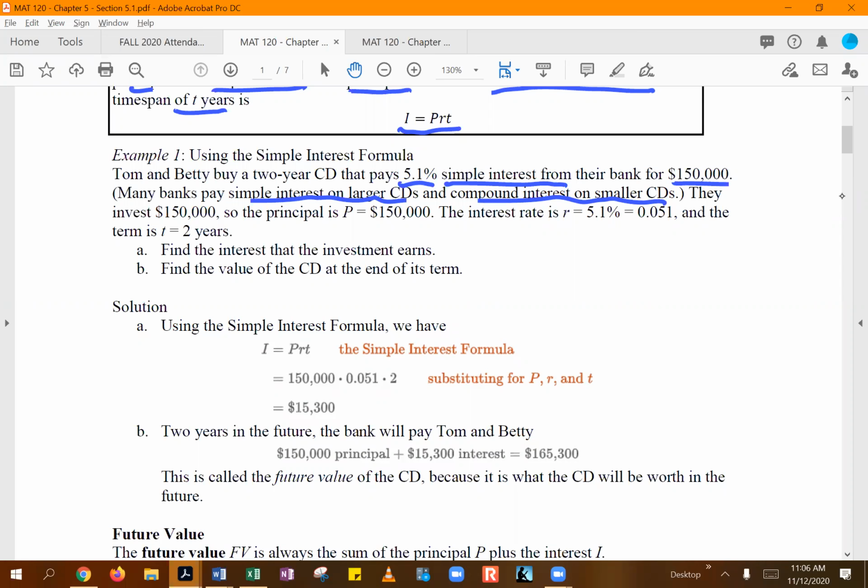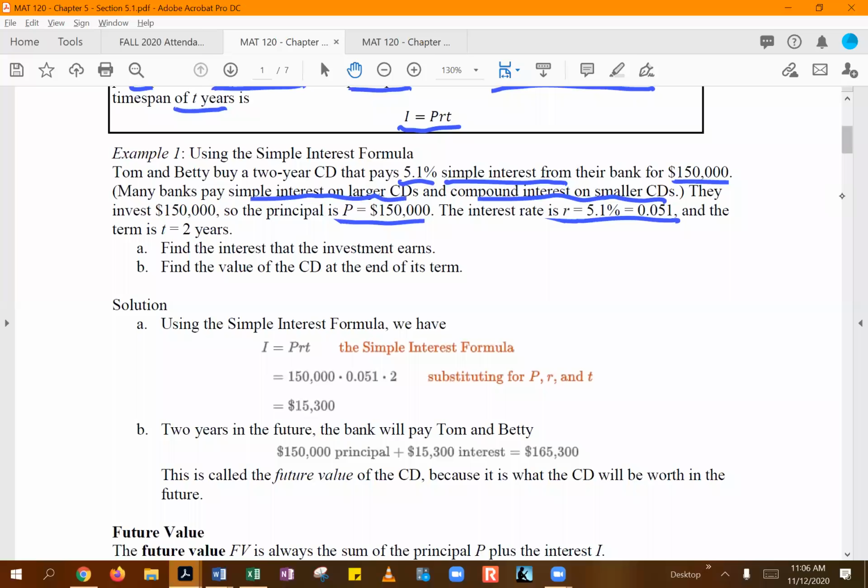So $150,000, that's your principal. The rate of interest is 5.1%. Always convert your percent to decimals, so that rate becomes 0.051. And it's a 2-year CD, so our time is 2 years.